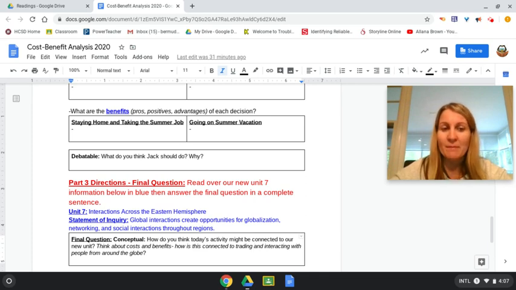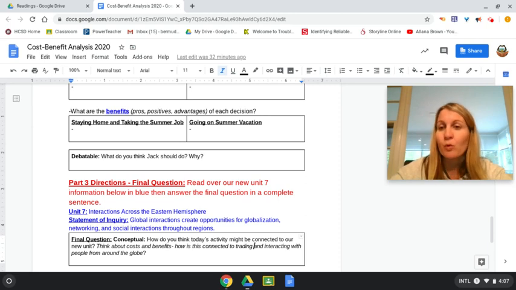Now we're going to be thinking about how do all of these civilizations or people across the entire Eastern Hemisphere interact with one another? Our statement of inquiry for this unit is global interaction. People interacting globally create opportunities for globalization, networking, and social interactions throughout regions.